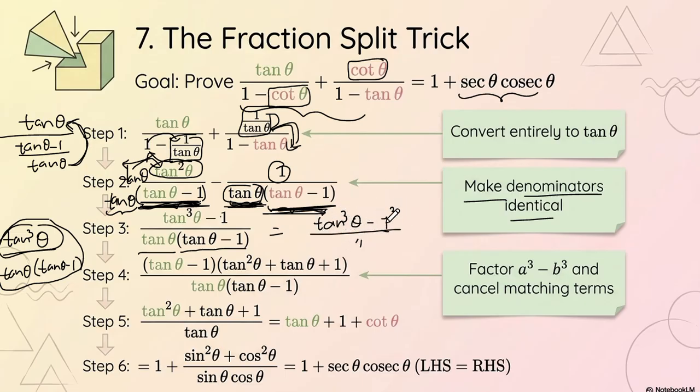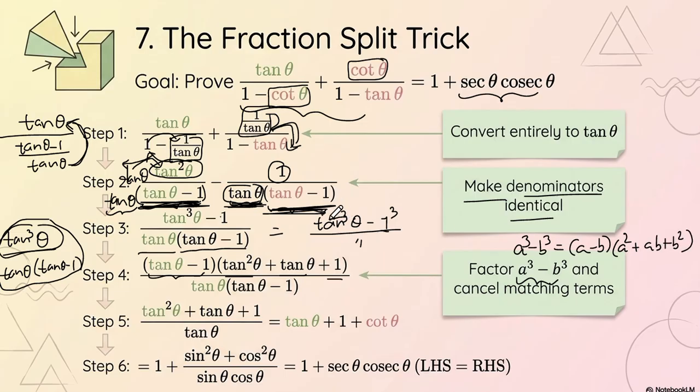You can see that the numerator is nothing but a cube minus b cube. So we'll apply the identity a cube minus b cube, which is the same as a minus b into a square plus ab plus b square.